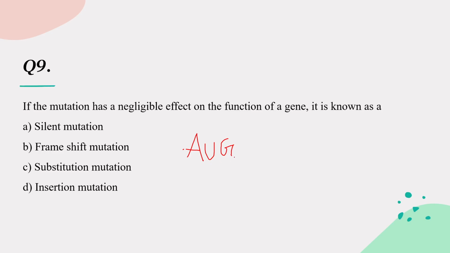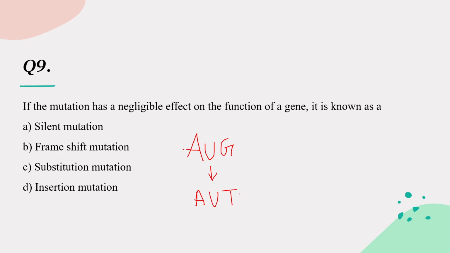If a mutation happens at the guanine, the third base of this triplet genetic code, this might lead to a U, T. Just think of it as this guanine being mutated to thymine.